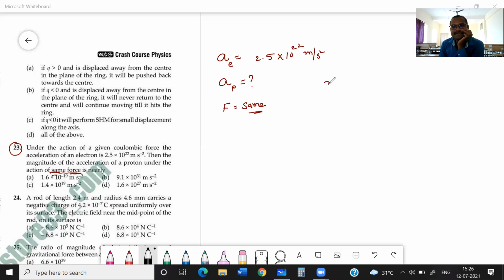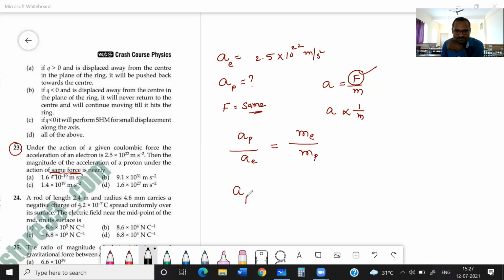As you know, acceleration is nothing but force upon mass. Clear, students? When force is the same in both cases, you can write that acceleration is inversely proportional to mass. Means acceleration of proton by acceleration of electron is equal to mass of electron by mass of proton. Because you want acceleration of proton, it can be written as mass of electron by mass of proton into acceleration of electron.